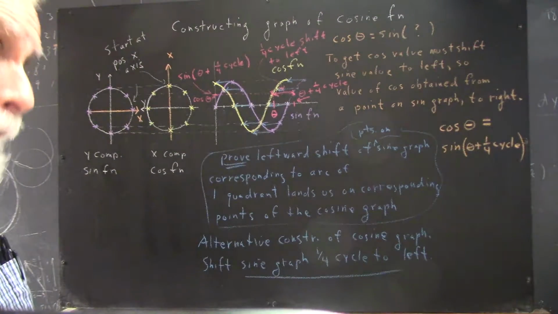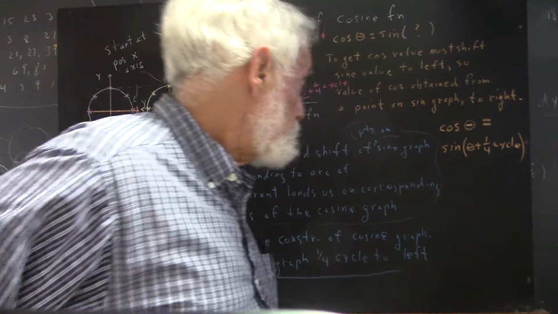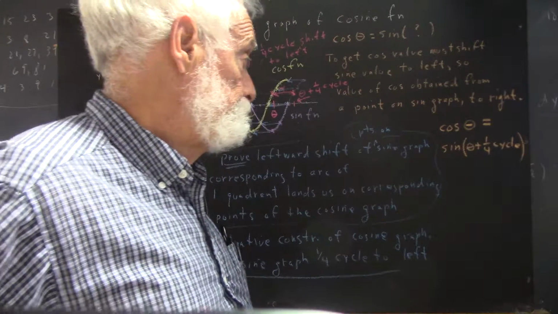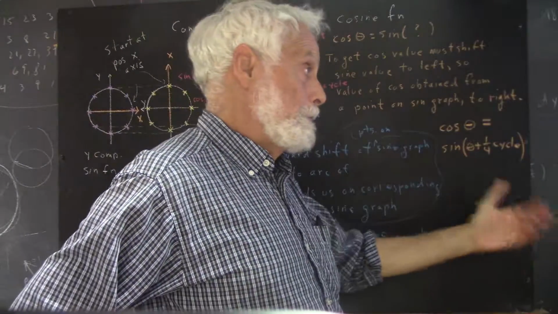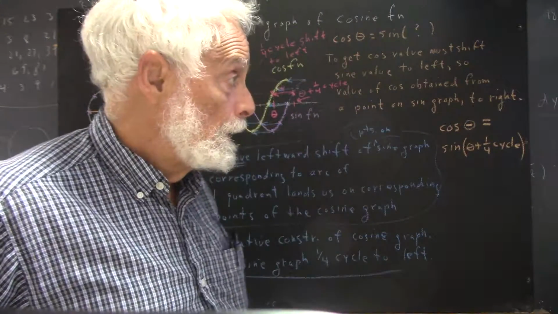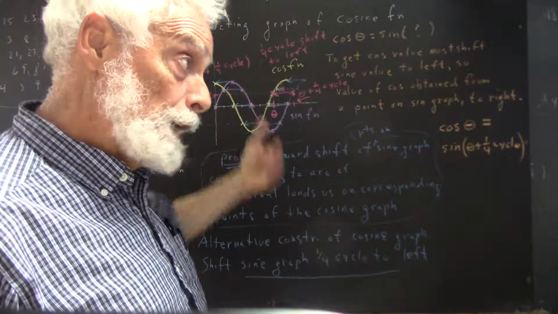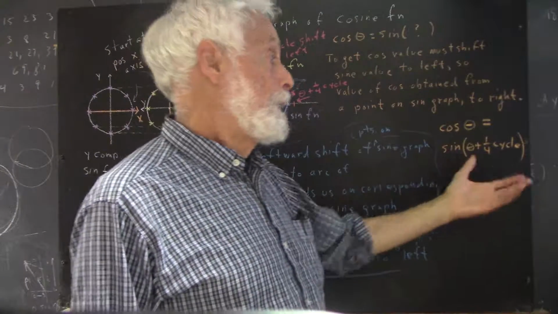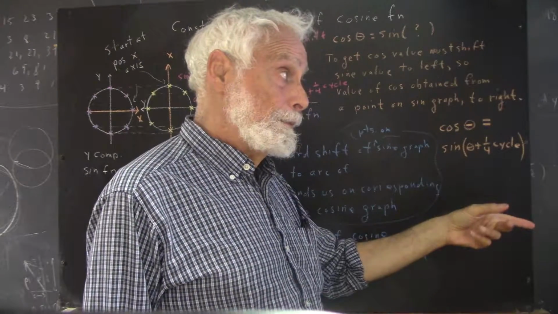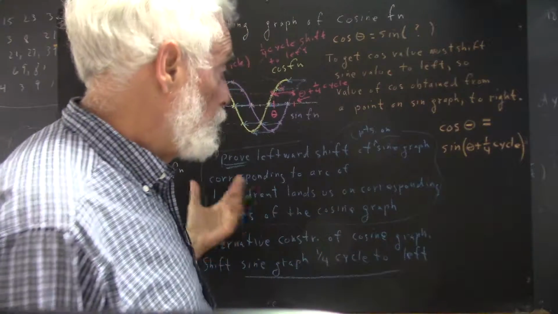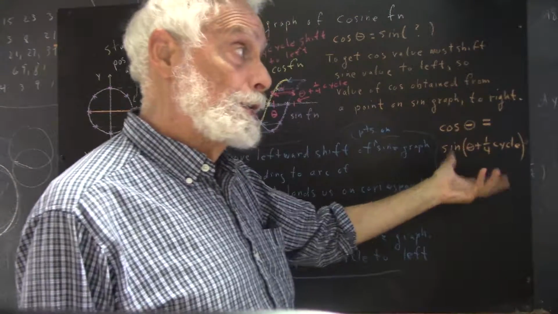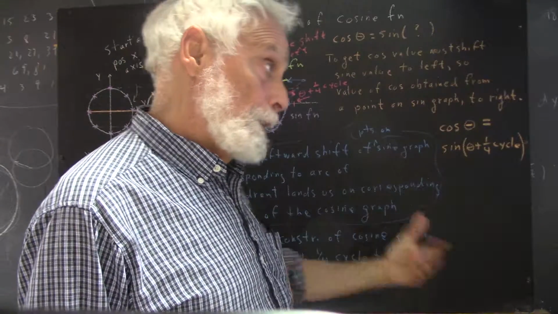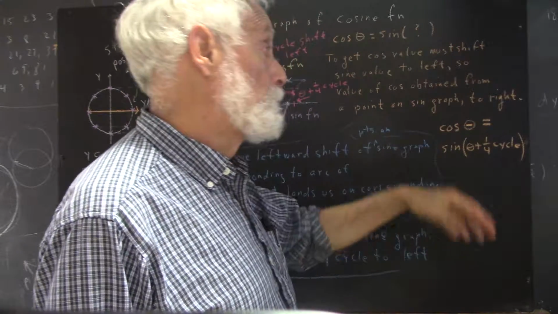Now if we're in degree measure of angle, and we haven't yet talked too much about labeling these axes and scaling these graphs, but one measure of angle would be degrees. Well, in that case, a quarter cycle is 90 degrees. Another measure of angle, and we've seen it, is radians.